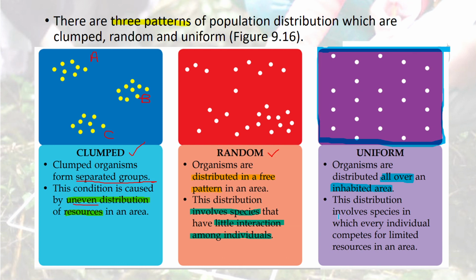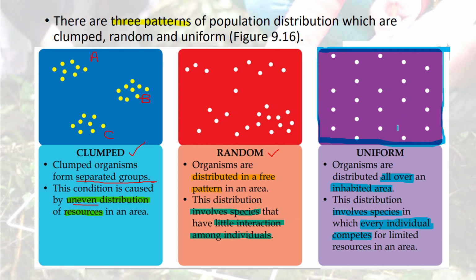So what kind of species are involved? These involve species where every individual competes. Ada persaingan, compete, persaingan, compete for limited resources in an area. Okay, every individual competes for limited resources in an area.